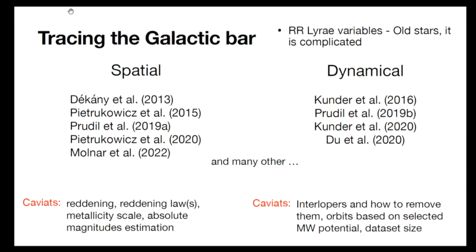Then you need to remove these interlopers. You need to assume a certain Milky Way potential, a certain mass distribution, and you need to integrate the orbits. And the amount of interlopers that you will find depends on the potential that you choose. So it's a game with several problems that you need to keep in mind.